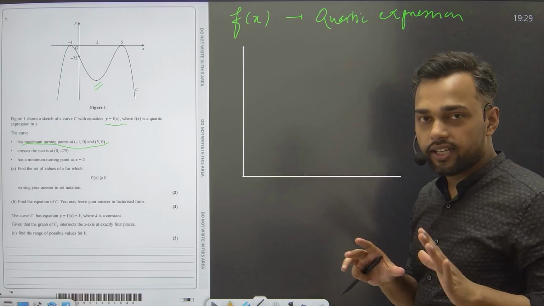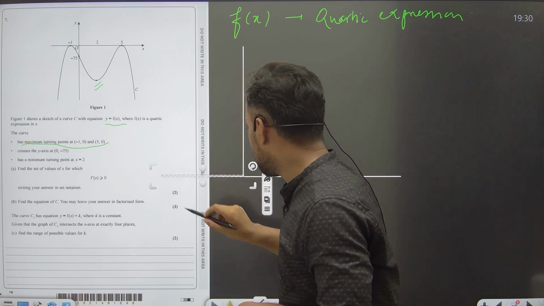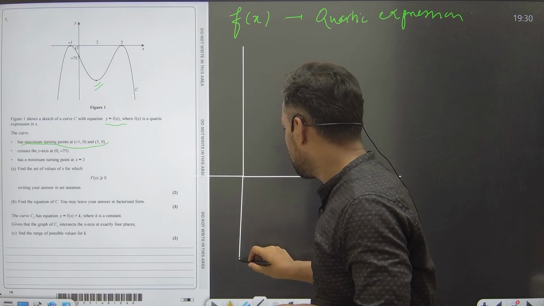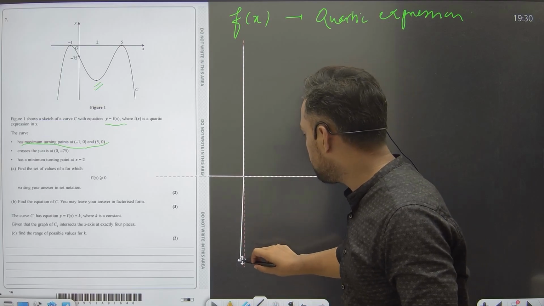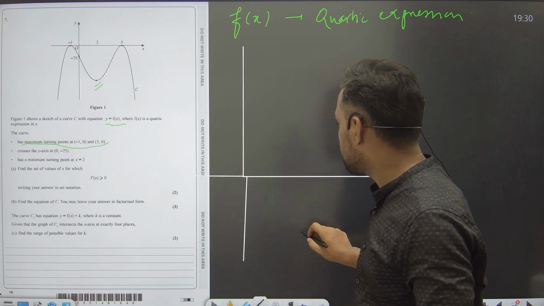Let's say this was our graph. Why I need to take this, I'll be telling you soon.